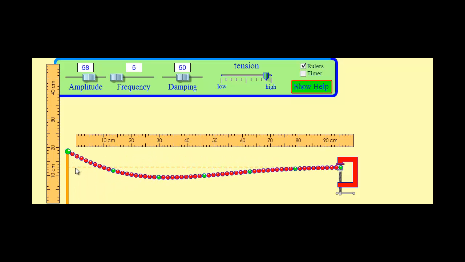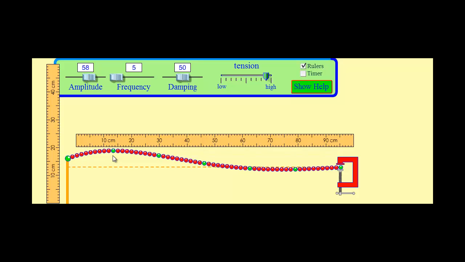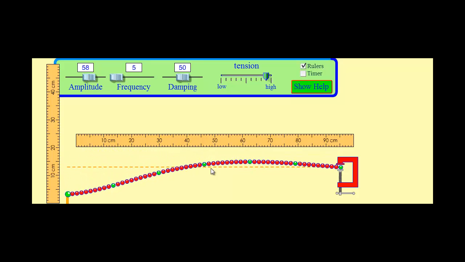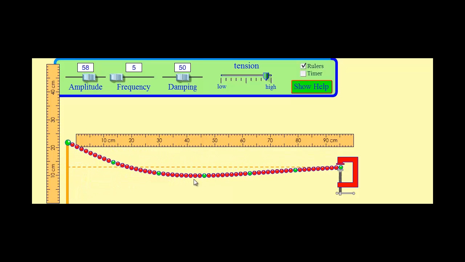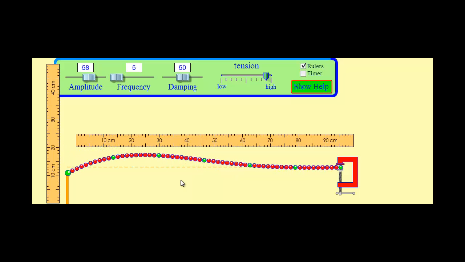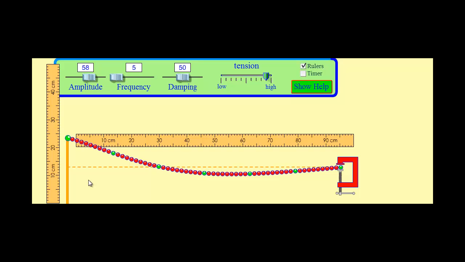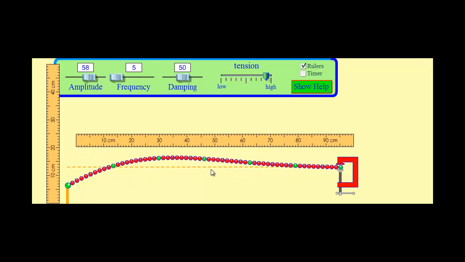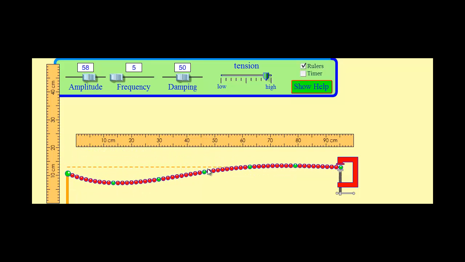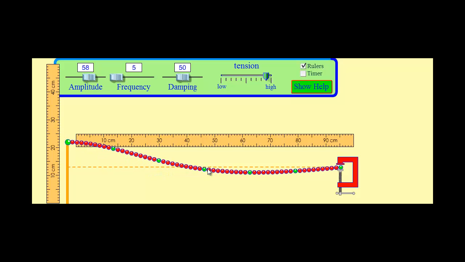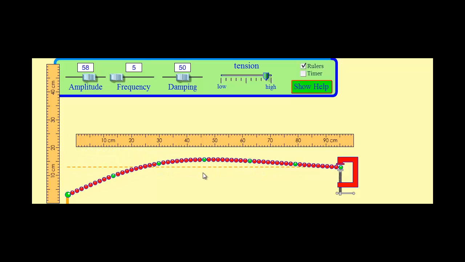So each of the particles, this red one, these green ones, each of them is moving up and down about this average position.